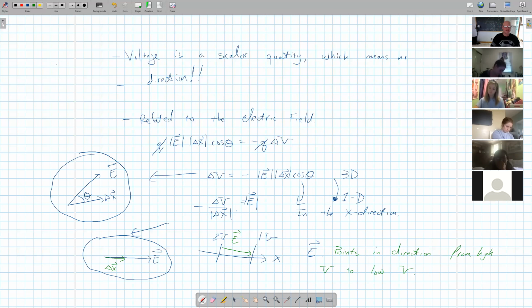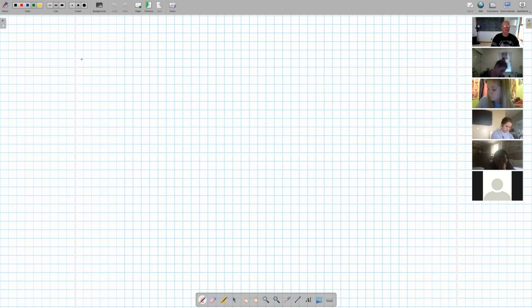Now, what we're going to be doing in this lab is drawing basically potential lines. So we're going to be interested in what are known as equipotential lines. So let's talk about equipotential lines. An equipotential line is a line where every point along that line has exactly the same amount of potential.